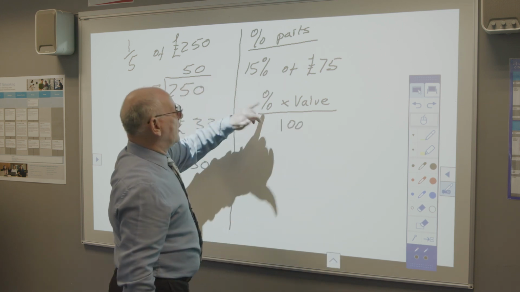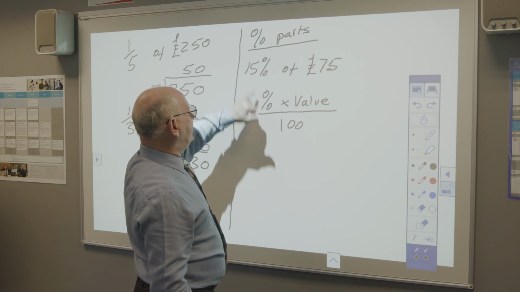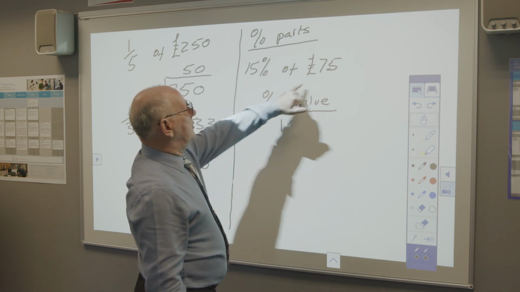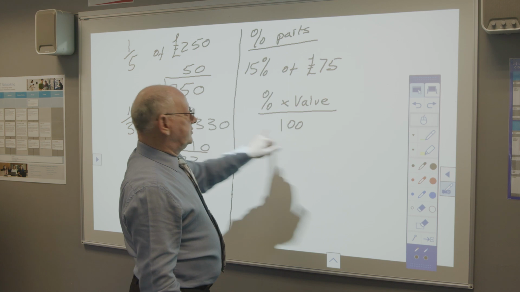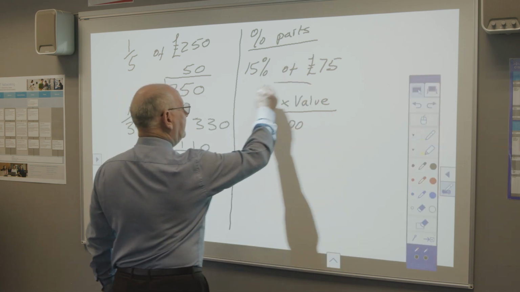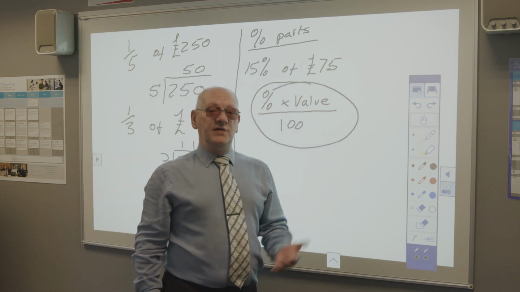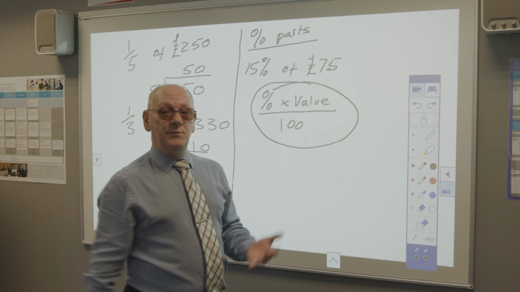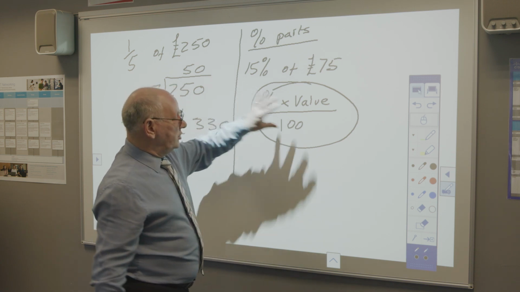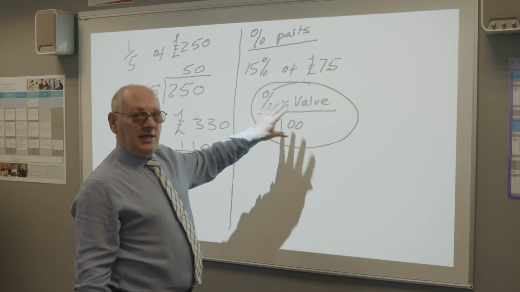To replace those with figures, 15 times 75, divide that by 100. Always divide by 100. That formula will give you any percentage of any value, no matter how big or how small it is. Remember that, and you'll be able to work out any percentage.